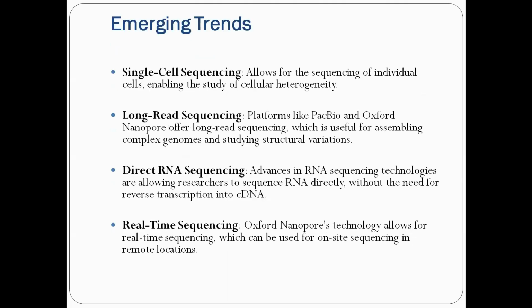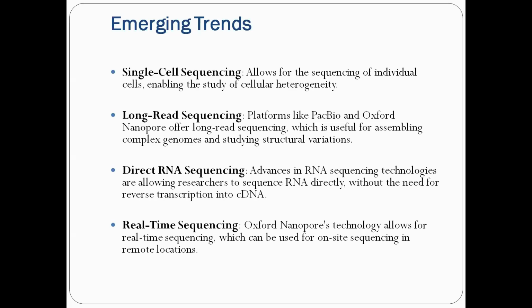And the emerging trends which we are seeing in NGS is that now it is also allowing for single cell sequencing, and it enables a study of cellular heterogeneity, very important especially in cancers and tumors. And then we have long read sequencing. There are more and more technologies coming up providing for long read sequencing, which will be useful for assembling complex genomes and studying structural variations.